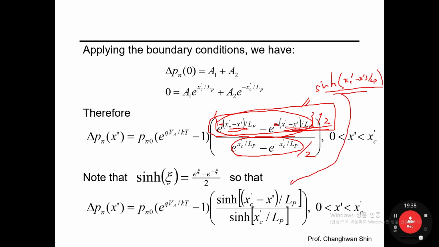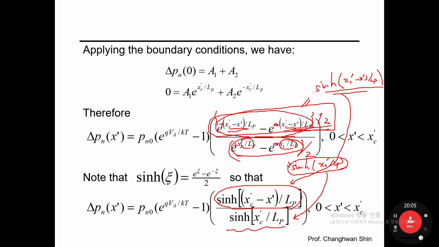So you can find the hyperbolic sine term here. And here the total term has a plus and that has a minus, with xc prime over LP, so that it can be described as hyperbolic sine of xc prime over LP. So this term can be found here.